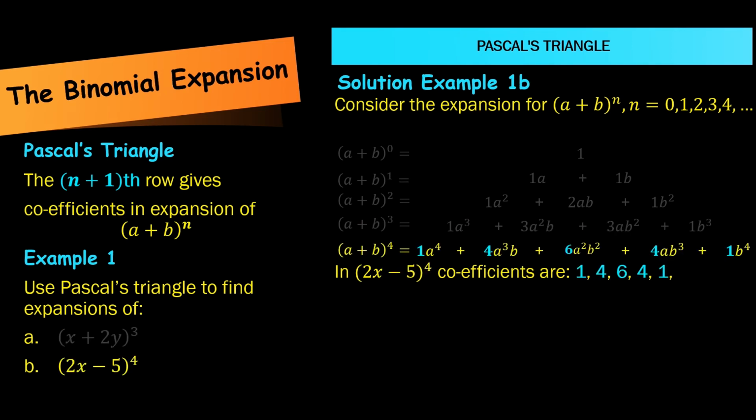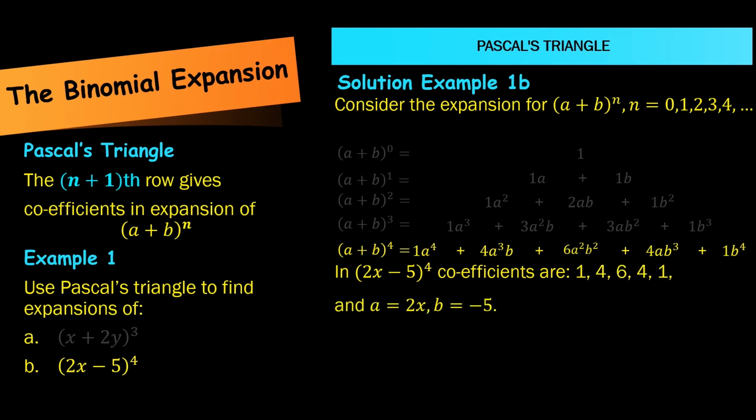And now for exercise 1b. We need to expand the expression (2x − 5) all raised to the power 4. The expansion for (a + b) all raised to the power 4 has been highlighted on your screen in Pascal's triangle. Notice the coefficients that are relevant to us are 1, 4, 6, 4 and 1.